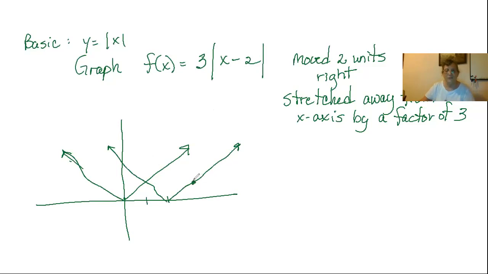So this point that's currently this far away from the axis will be now this, 1, 2, 3. And all of them will do that. So it's going to look like this. Two units to the right and stretched.